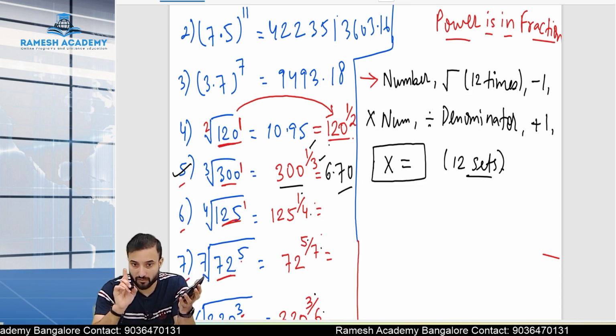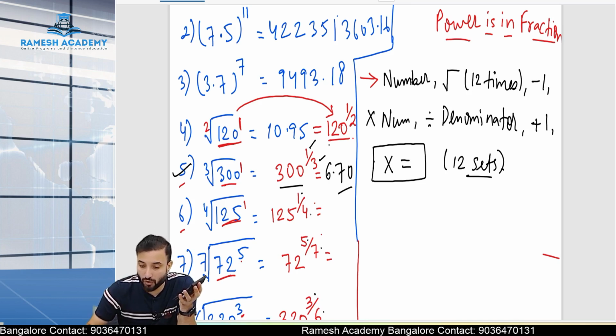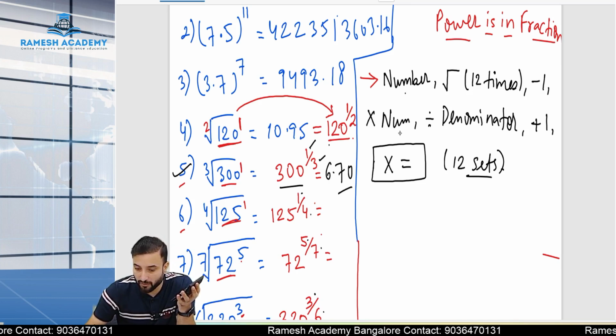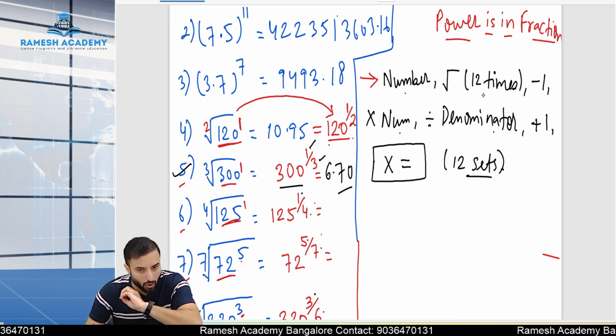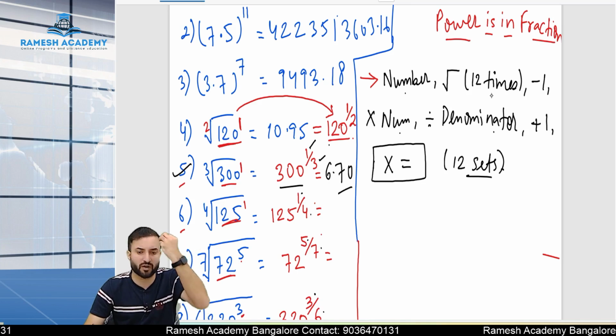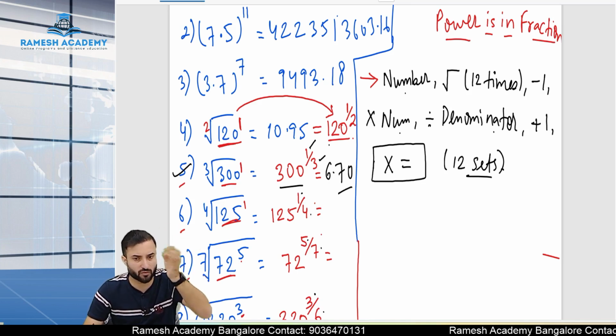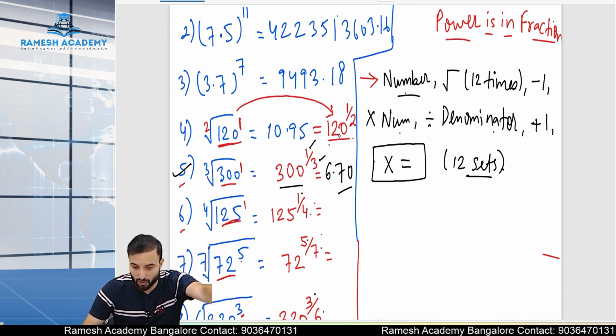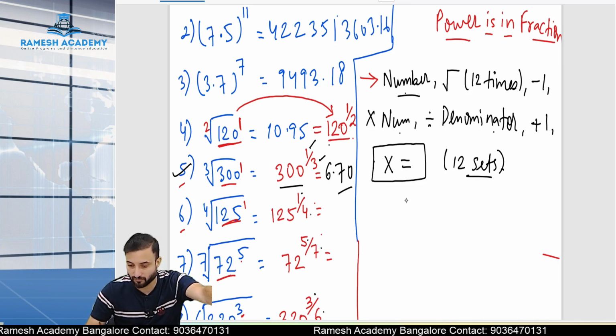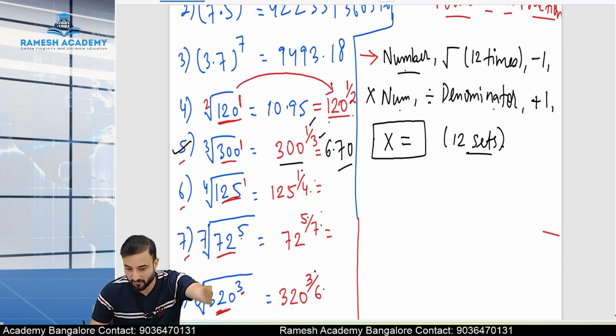So remember the thing, guys, only the number, numerator and denominator will change. Remaining all the things will be the same, whatever the number is given, whatever the root is given. Because see, the number for all is different: 300, 125, 72, then 320.